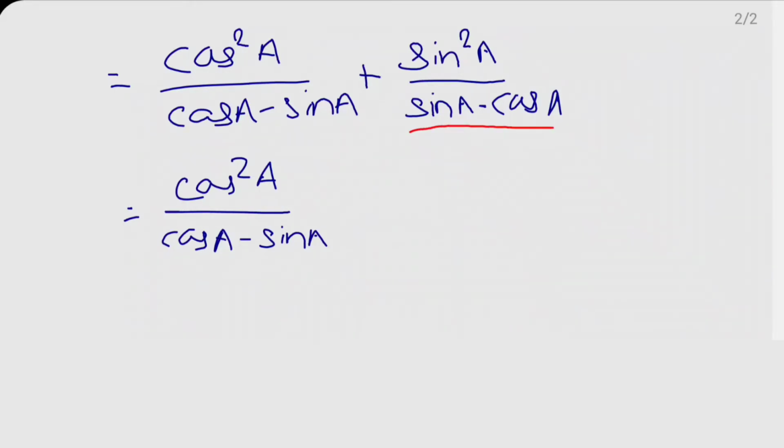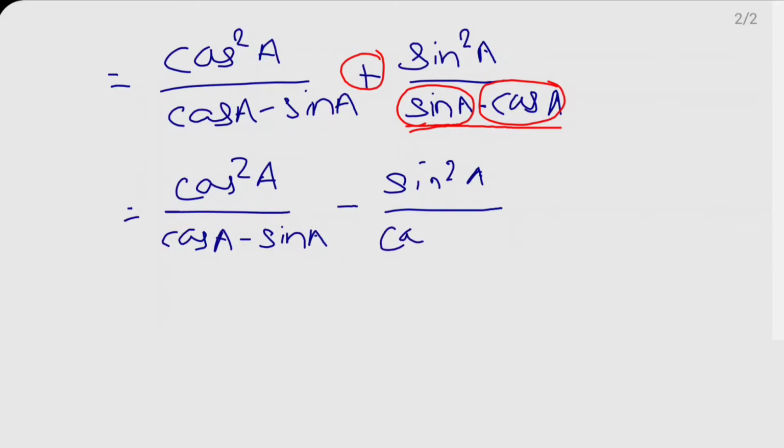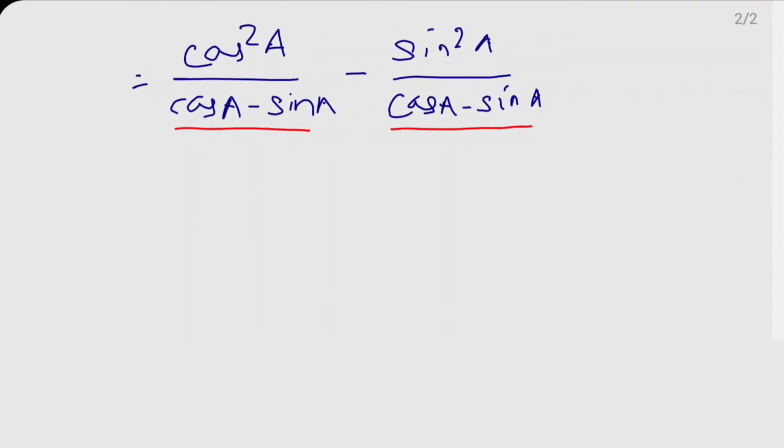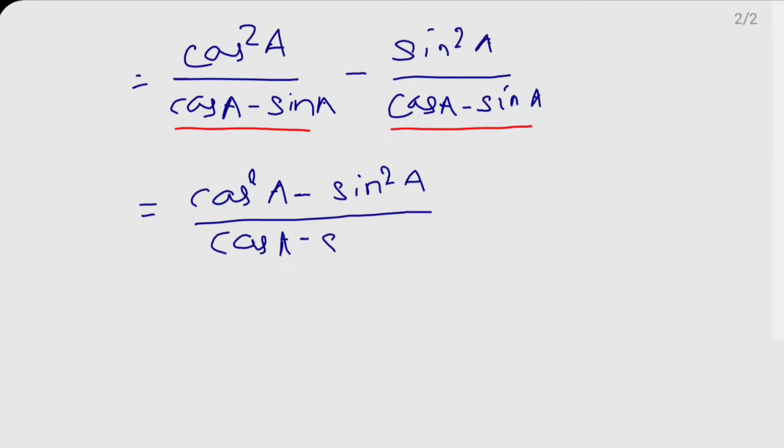Here in the denominator I will take minus common, so plus becomes minus, plus sin A becomes minus sin A, and minus cos A becomes plus cos A. Here I will take minus common, so plus becomes minus, sin square A divided by, minus cos becomes plus cos, so cos A, and plus sin A becomes minus sin A. Now these two are the same, so take LCM cos A minus sin A. So here we will get cos square A minus sin square A divided by cos A minus sin A.